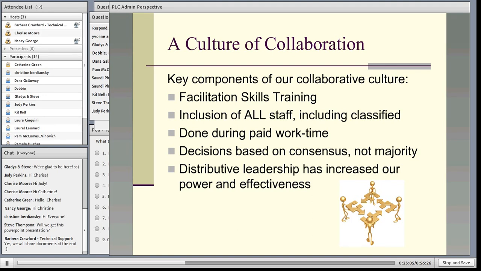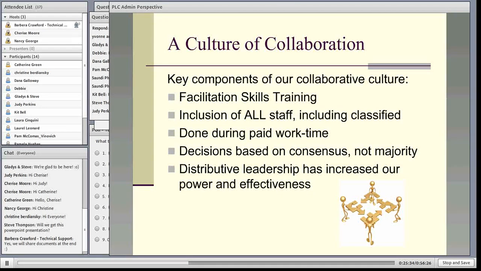Initially we thought that was going to be a huge challenge, but it really wasn't, because we realigned everything we were doing with professional learning communities, with supporting that effort. So all the money we'd been spending on other kinds of staff development was focused on supporting the professional learning communities and being able to offer paid work time to do that.